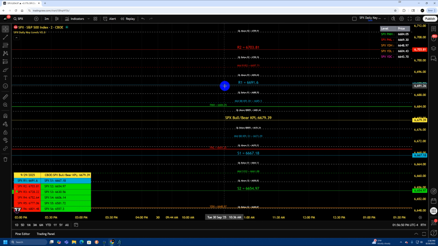And on bullish trades taken from any main level, your tight stop loss is going to be the QL below that level, and your standard stop loss is going to be the first midpoint below that, whatever level that is. So on R1, if we were taking a trade off a breakout above R1 and we're taking a bullish trade, then our tight stop loss is the QL below R1, because that's the level we're taking the trade from.